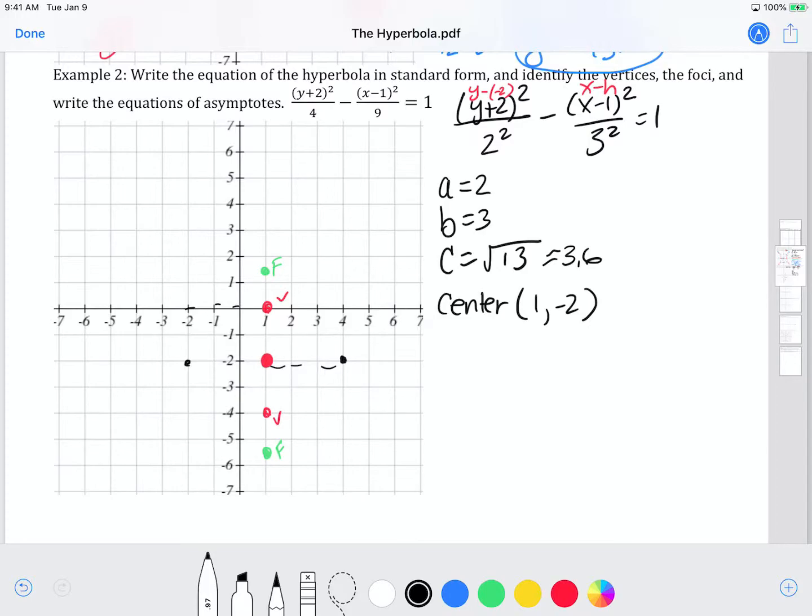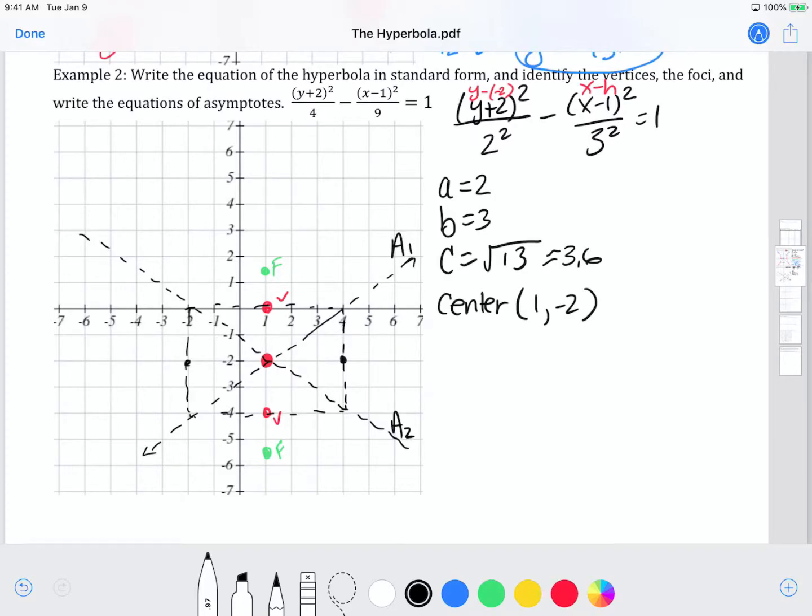So this is going to help me make my box, which is going to help me draw my asymptotes. So here's one, and there's the other. So I'll call this asymptote 1 and asymptote 2.